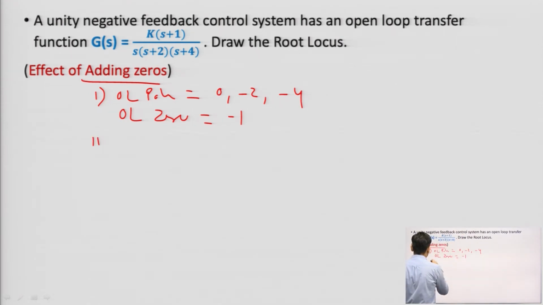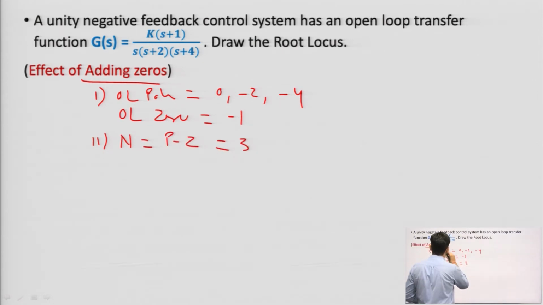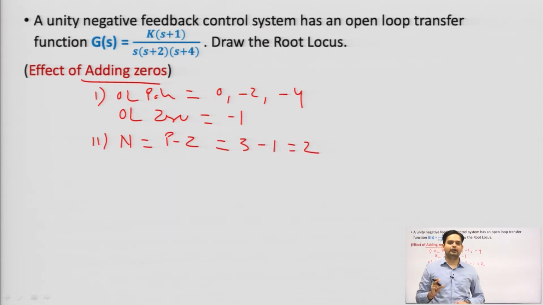Now we would like to see what the root locus would be. As the second step we need to calculate n equal to p minus z. The number of open loop poles is 3 and the number of zeros is 1, so 3 minus 1 is equal to 2. Whenever n is equal to 2, it means 2 poles are going to terminate at infinity, and the third pole will terminate at the 0. We will see how with the help of the root locus.